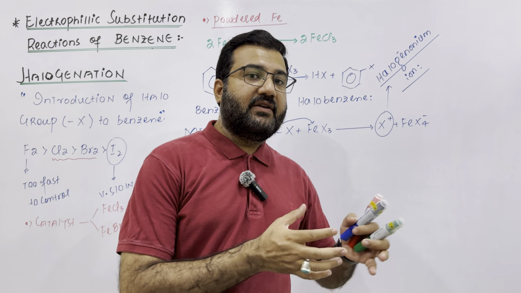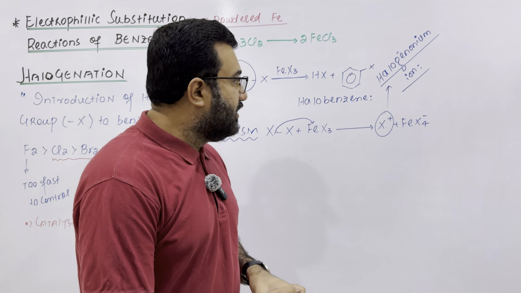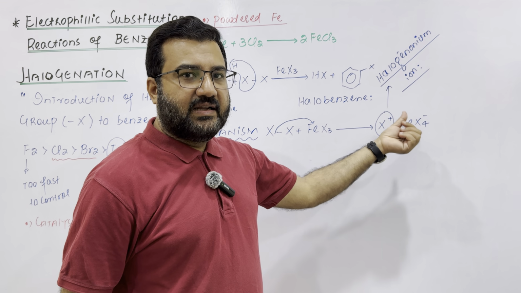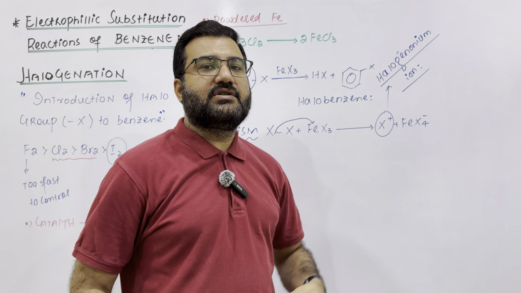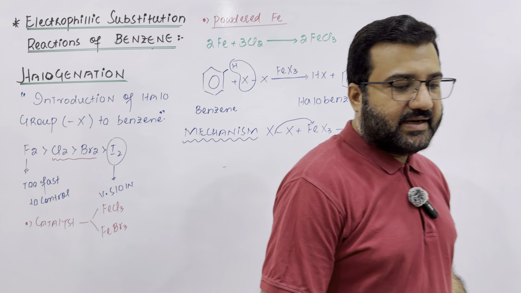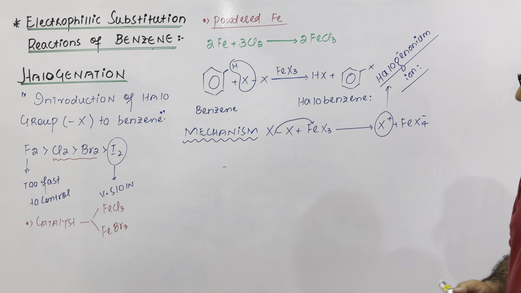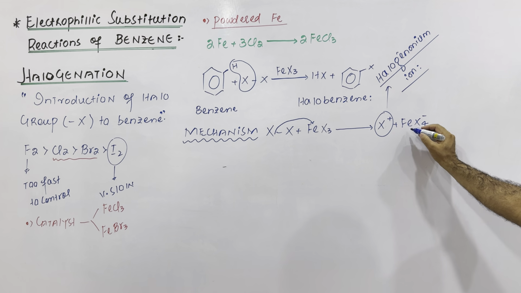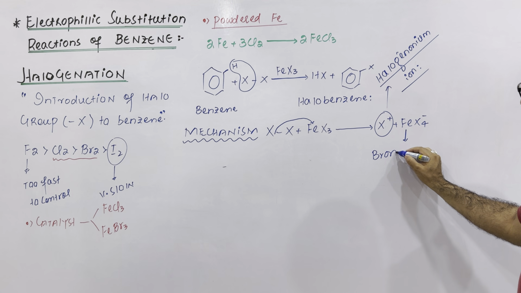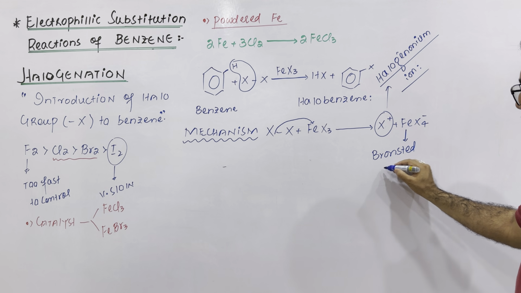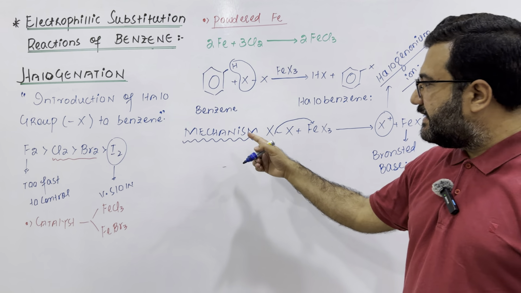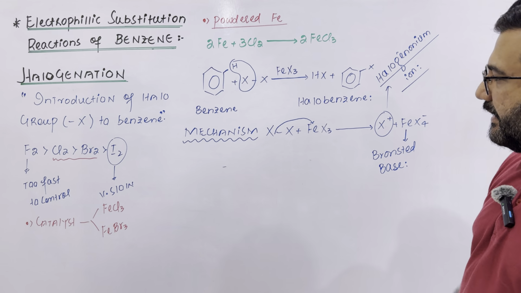Instead of giving one electron to the halogen atom, you have removed another electron from the halogen and it is converted to its cation. Now it needs two electrons to complete its valence shell, so its electrophilic character is increased and it will act as a very strong electrophile. And similarly, this FeX4 negative is the Bronsted base. So the first step is generation of strong electrophile.